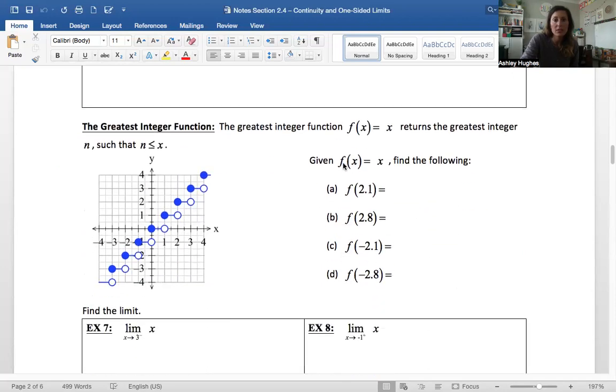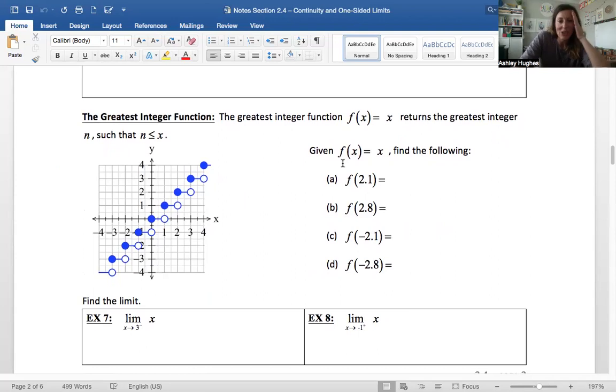this one, the greatest integer function. Oh, I'm sorry. All right, guys, so we want to find f of 2.1. Here's 2, we're at 2.1, so we jump up. So the answer is 2. 2.8 would also be in this line, which is 2.